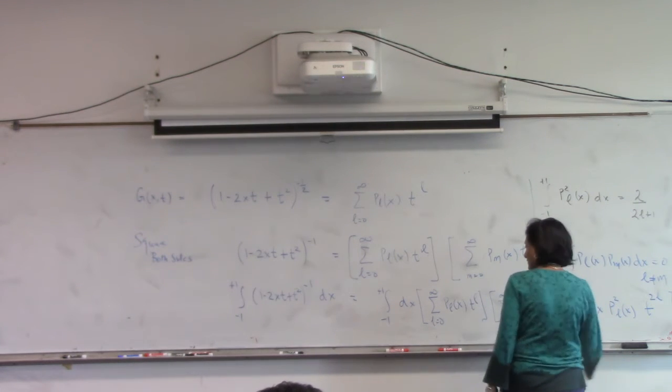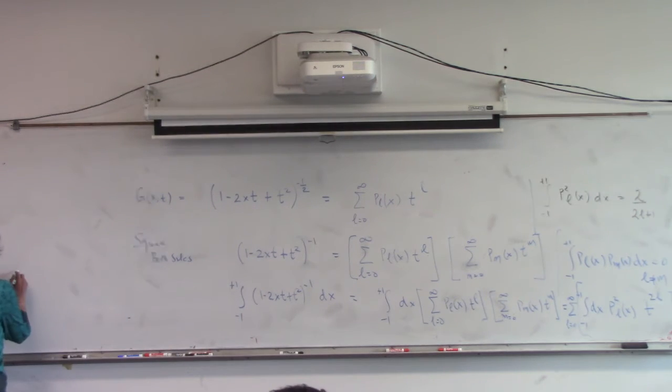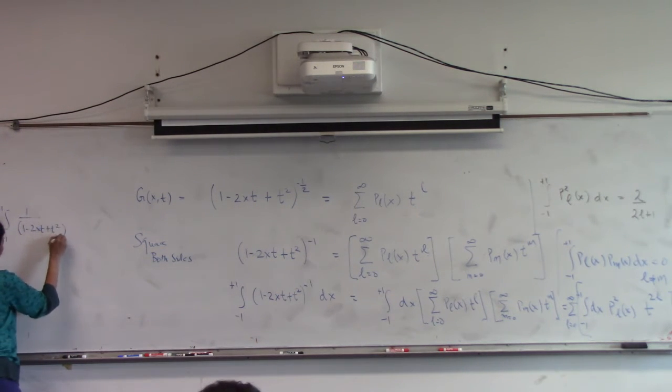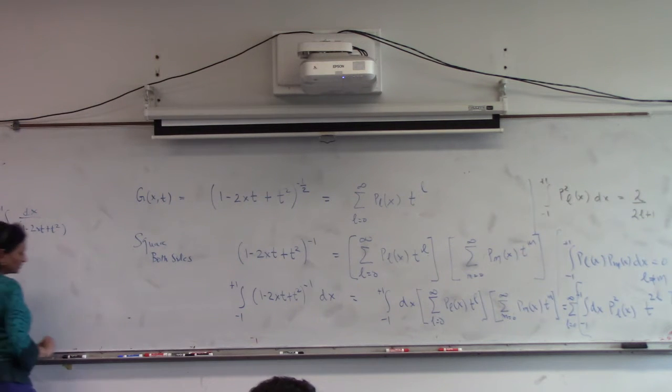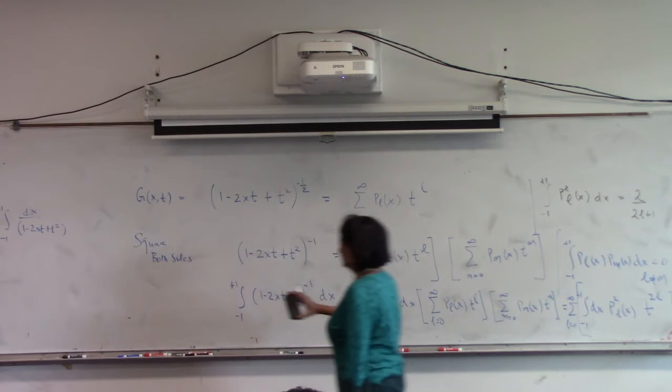Okay, so let me just start. So what we have now is the following. The integral from -1 to +1 of 1 over 1 minus 2xt plus t squared. That's your left-hand side. And the right-hand side has become the following.